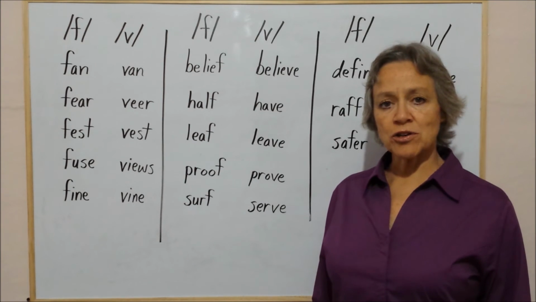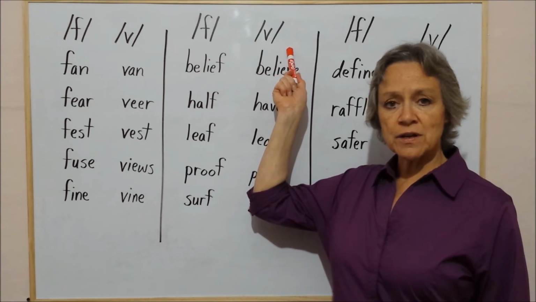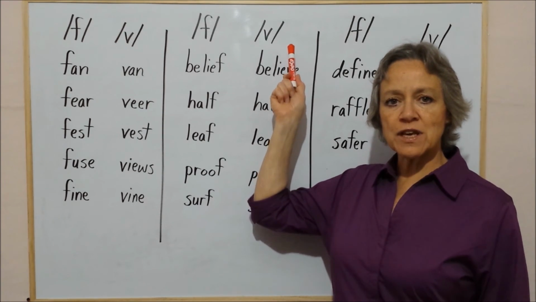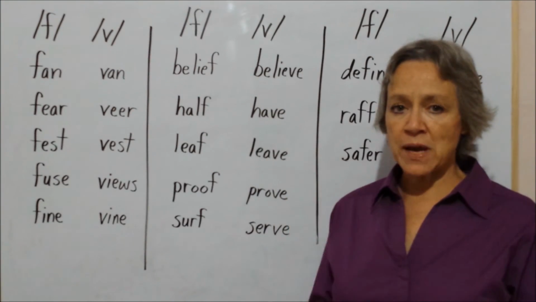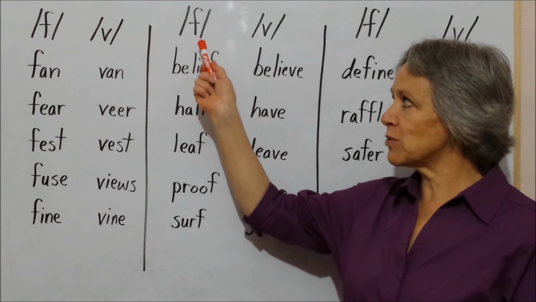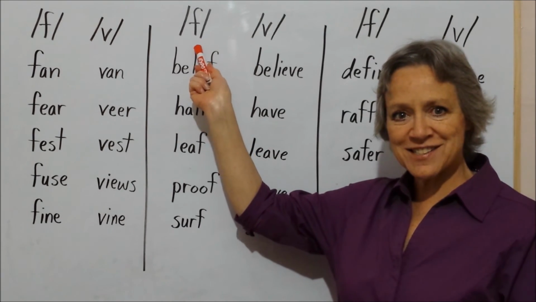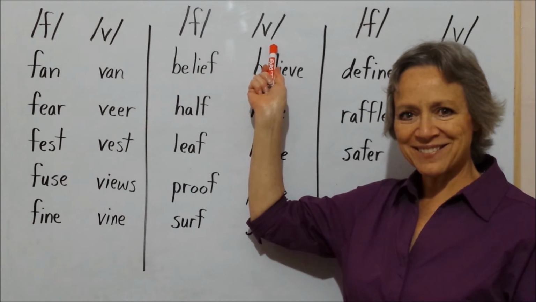Vowels sound longer in front of the voiced sound V than they do in front of the voiceless sound F. But the main thing that I do want you to practice, please, is to distinguish between F, the voiceless sound, and V, the voiced sound. Okay? Let's go.